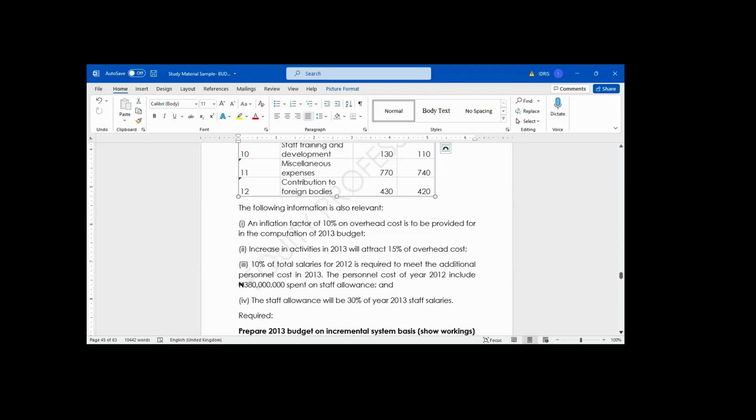This personnel cost of 2012 includes 380 million amount spent on staff allowance.